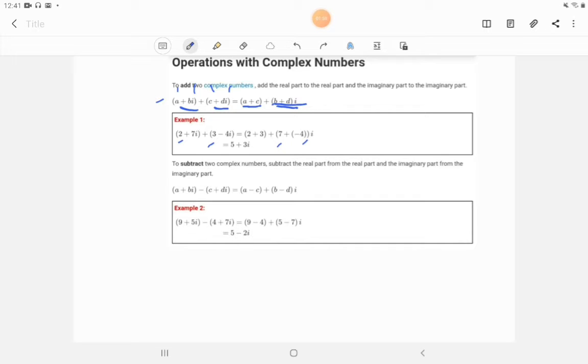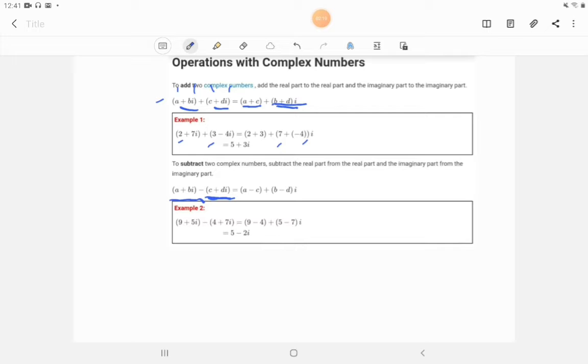So for instance, we have a plus bi minus c plus di. Take note that the negative here involves all of the complex number c plus di and not just c. So what we need to do is we distribute the negative. Okay, so we distribute the negative.